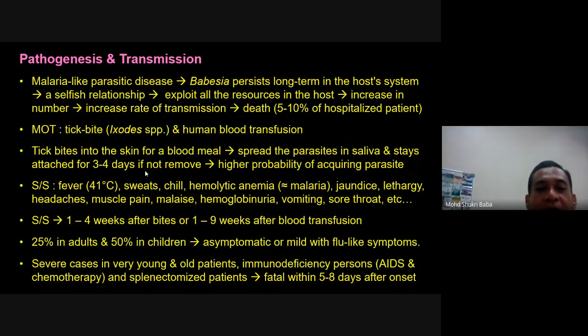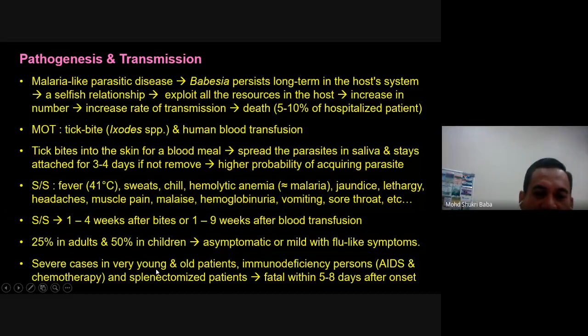Alright. So these are the signs and symptoms. Alright. Boleh berlaku up to 4 weeks after bites or 1 to 9 weeks after blood transfusion, sekiranya berlaku melalui cara blood transfusion lah. 35% in adults and 50% in children, okay, lead to the asymptomatic or mild with flu-like symptoms.